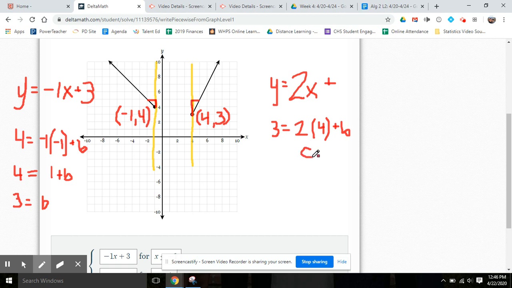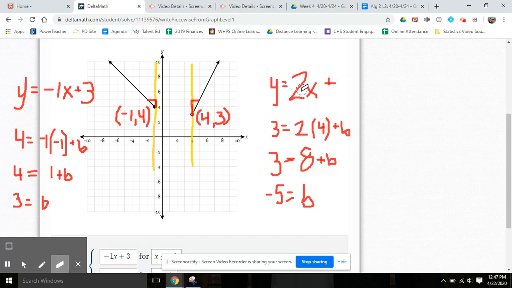Then this is 8. If I subtract 8 from both sides, I get -5 as b. So my equation is going to be 2x minus 5.